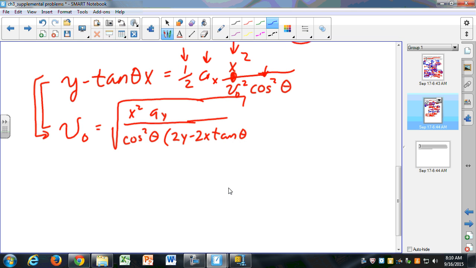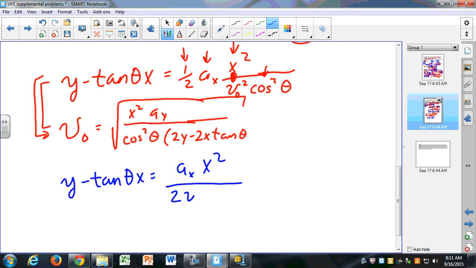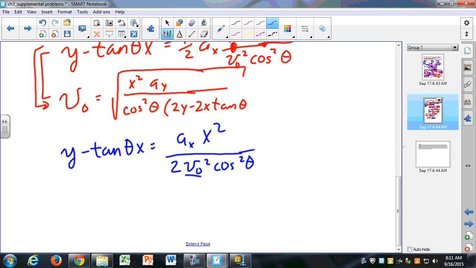I can rewrite this as y minus tan theta x equals a_y x squared over 2 v naught squared cosine squared theta. Then I'm looking for v naught. So I'm going to rearrange these. I'll cross multiply here and here.